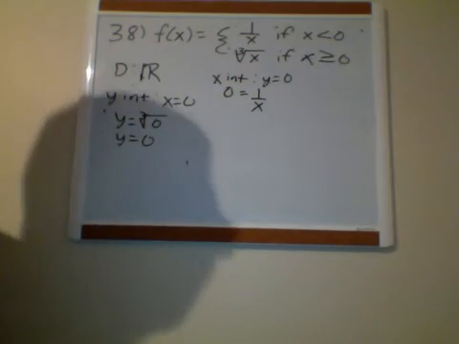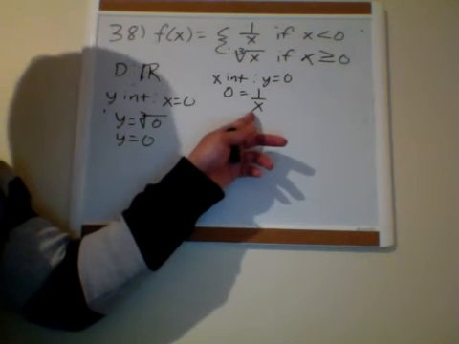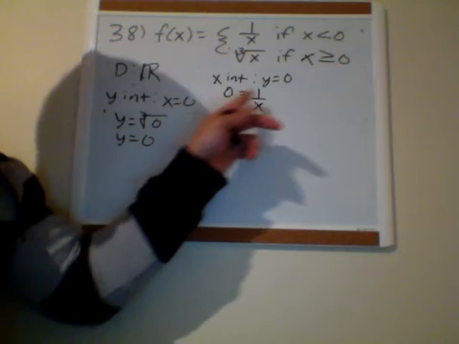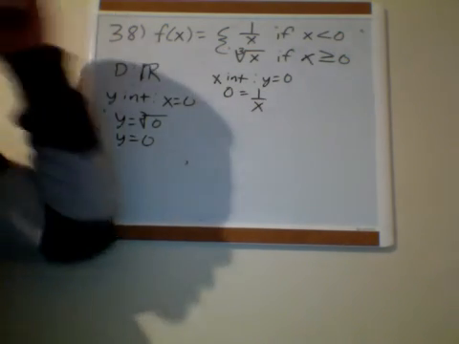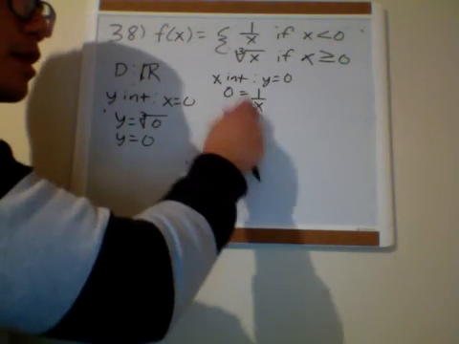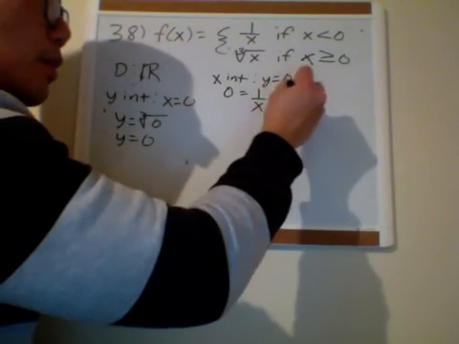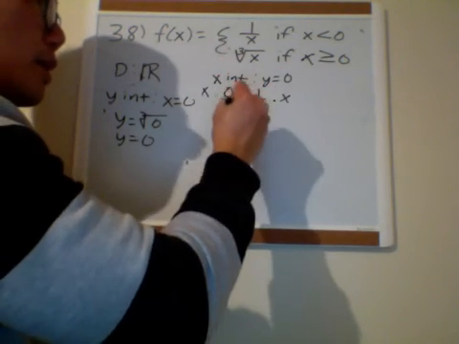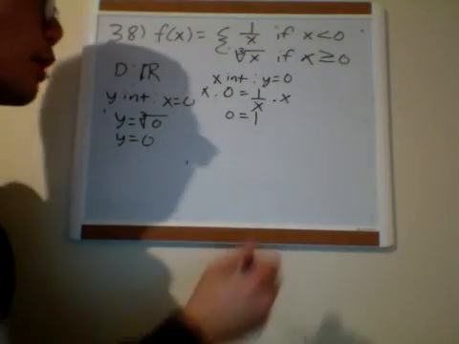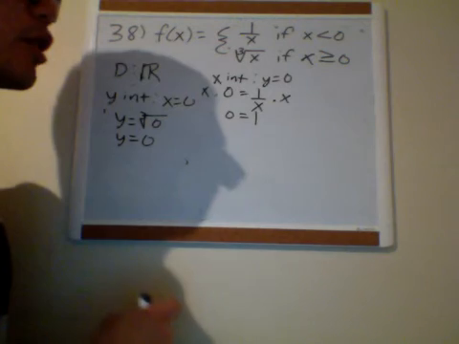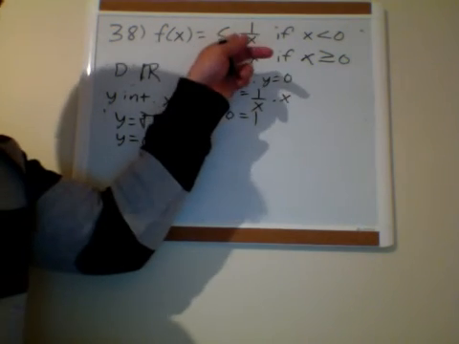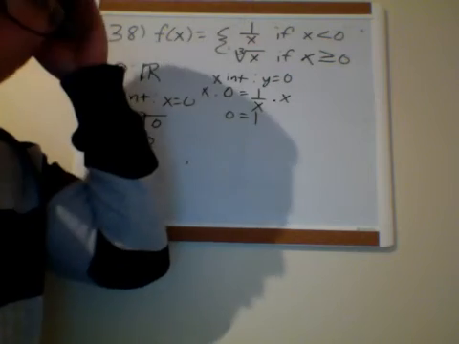Okay. Now, is there a number that I can plug into x to make this 0? No, this does not make sense, right? Because if I multiply both sides by x, what do I get? I get 0 is equal to 1. And that doesn't make any sense. So there is no x-intercept on the top function. But if you know the library of functions, you should know the reciprocal function has no x-intercept.